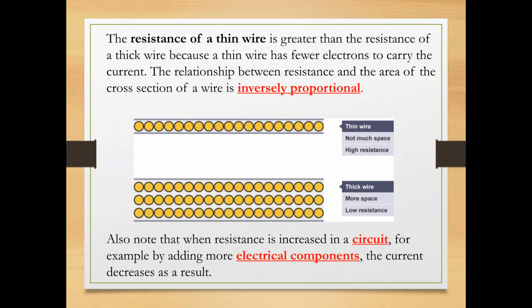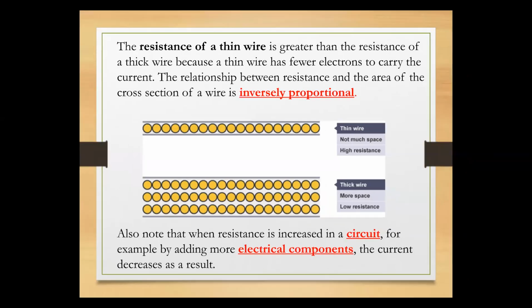The relationship between the resistance and the area of the cross-section of the wire is inversely proportional. This is what they are trying to say mathematically. R is inversely proportional to cross-sectional area. So now we talked about length before. In other words, they are saying resistance is directly proportional to length, but inversely proportional to area.